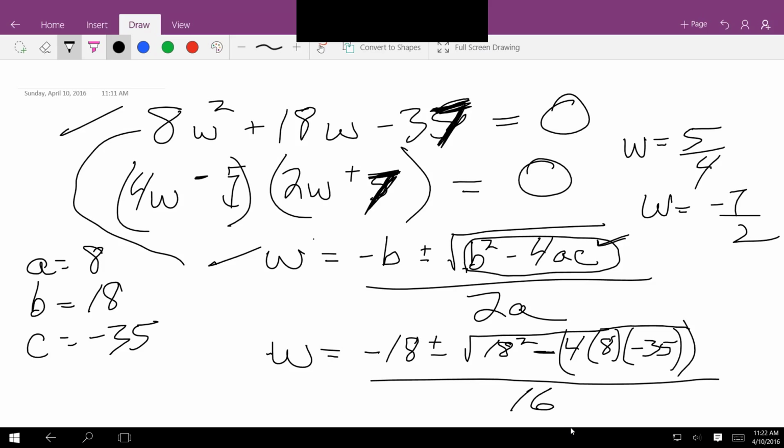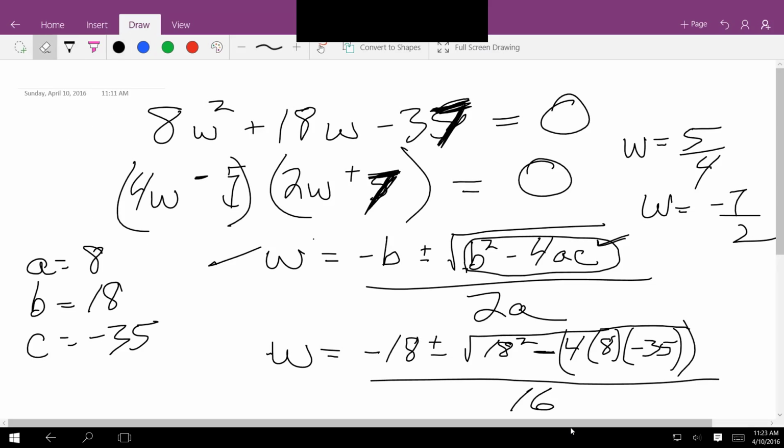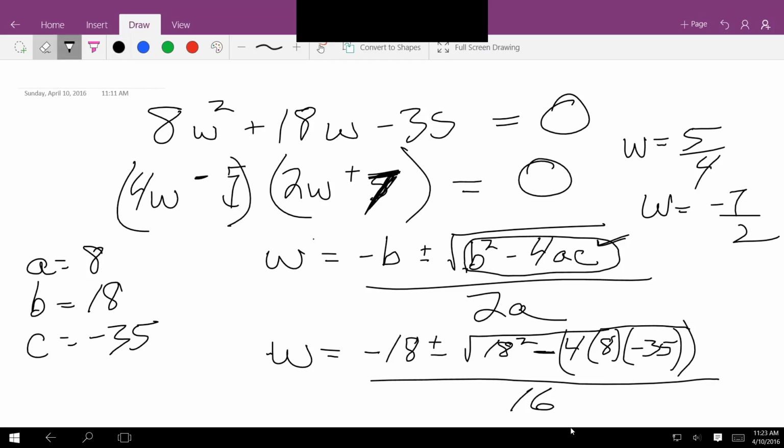So you might end up spending 20 minutes on a problem you should have only spent 5 minutes on if you'd plugged it straight into the quadratic formula. So there's a bit of feel involved on these kinds of problems as to whether you think it might factor. And since there weren't that many factors of 35, I thought it was worth a shot.